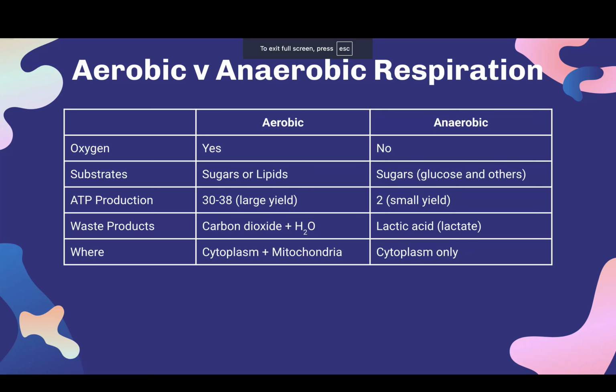So for aerobic, it can be sugars and lipids. For anaerobic, it's only sugars. In humans, anaerobic can only use carbohydrates as the substrates and not anything else. Yes, it's just carbs.